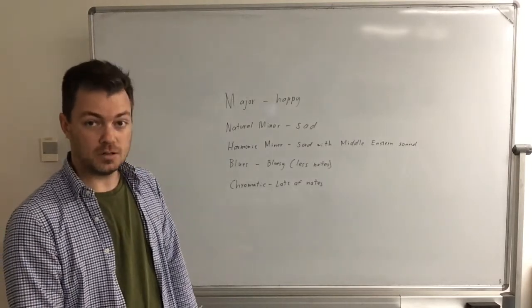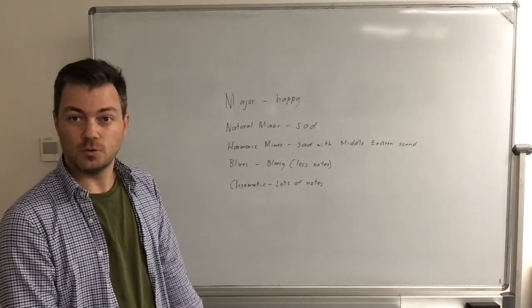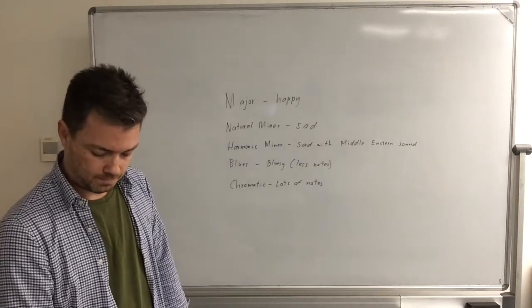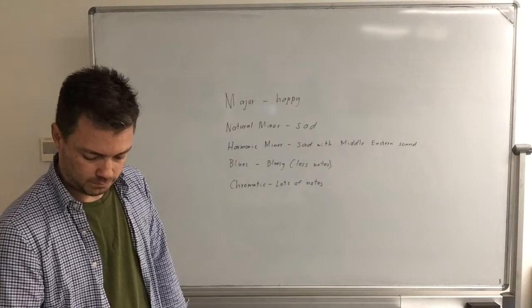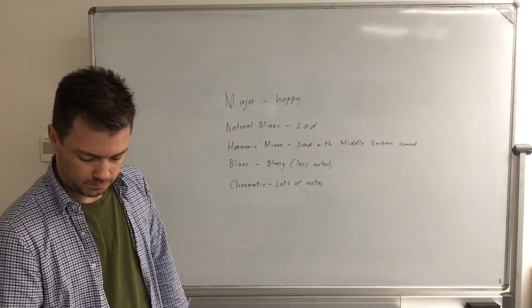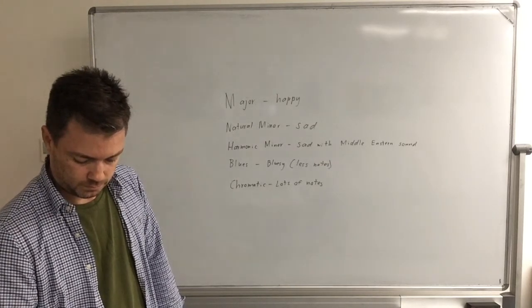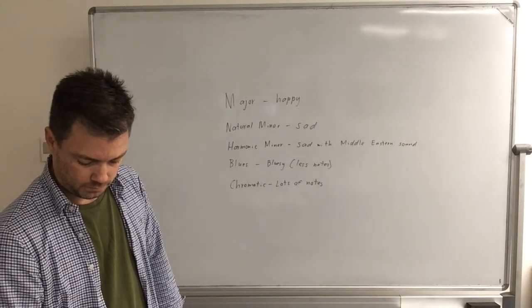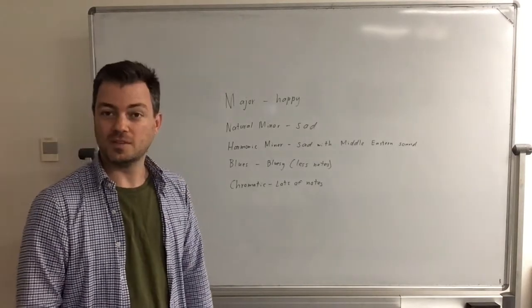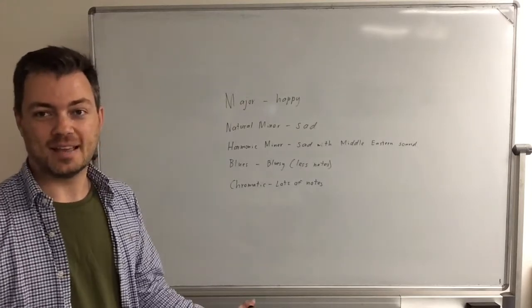Okay, so you can hear a much longer scale, but I'll play it one more time, the chromatic scale. Okay, with a little mistake in there in the middle, but that's the chromatic scale.